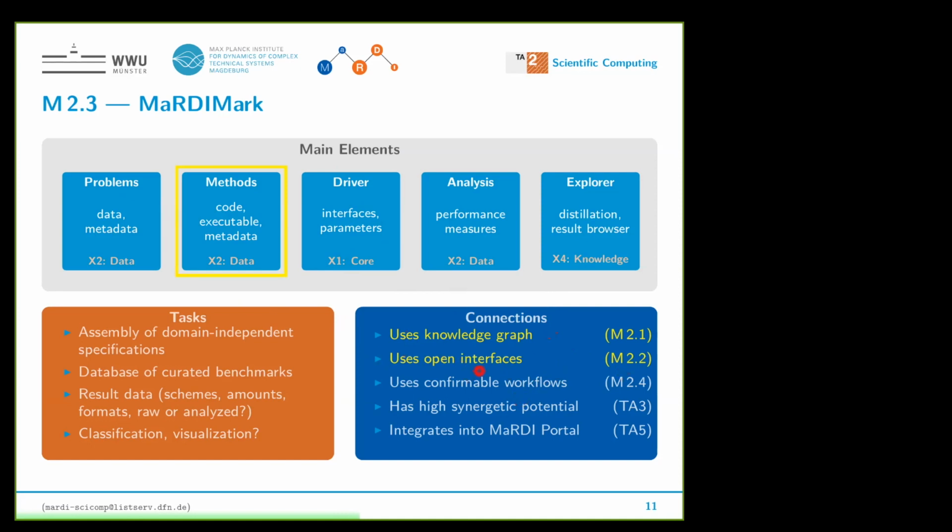So there are strong connections. And in order to be able to get comparable results, we will need some sort of a database of curated benchmarks, or benchmark data sets, to be precise, where all this is supposed to run on.